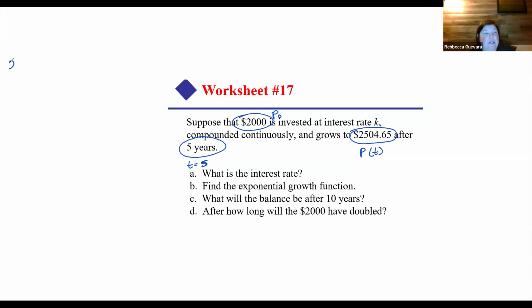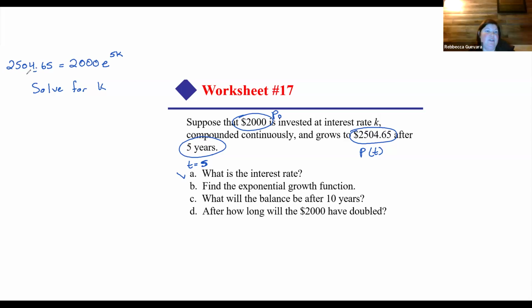So what we have here, $2,504.65 is equal to $2,000 e to the 5k. So remember, we've got t, which is 5 years. It's k that we don't have. So in this case, we solve for k to get the interest rate that we need here.